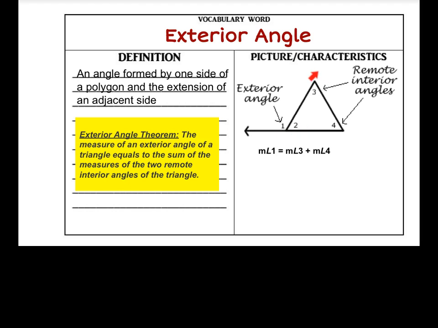So it has to be these two, the ones that are across and not sharing the same vertex as your exterior angle. So in this example, our exterior angle is angle 1, and the measurement of angle 1 would be equal to the sum of the measurement of angle 3 and the measurement of angle 4. Okay, go ahead and stop the video and copy down your notes.